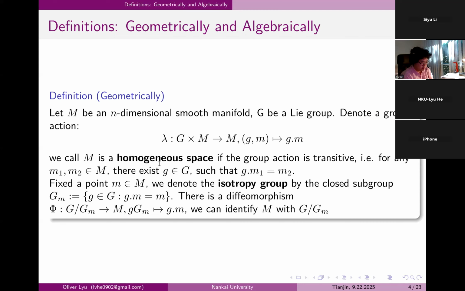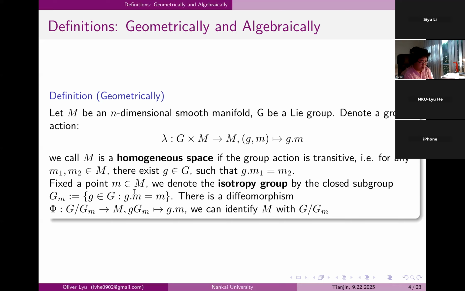We call M a homogeneous space if the group action is transitive. This means for any two points in this manifold, there is an element in G that can connect M1 and M2. It is like being in an airport where you can take any plane to anywhere in the world.